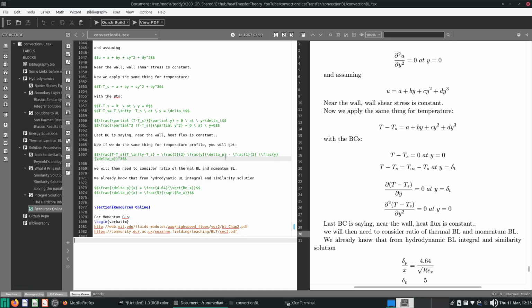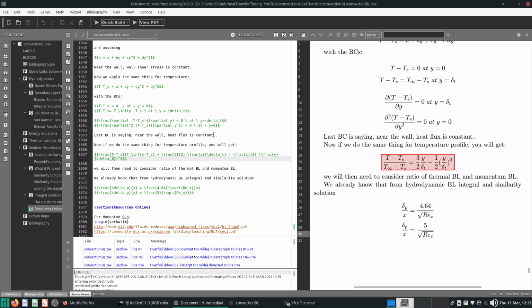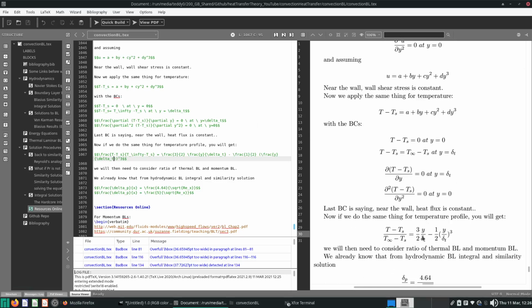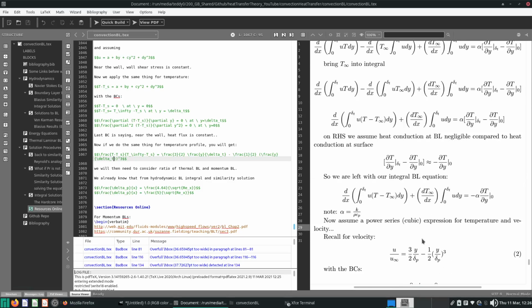Let's put delta t. So you will get this temperature profile. Not too bad now. You have something in terms of y, and now you can actually plug that back in here.